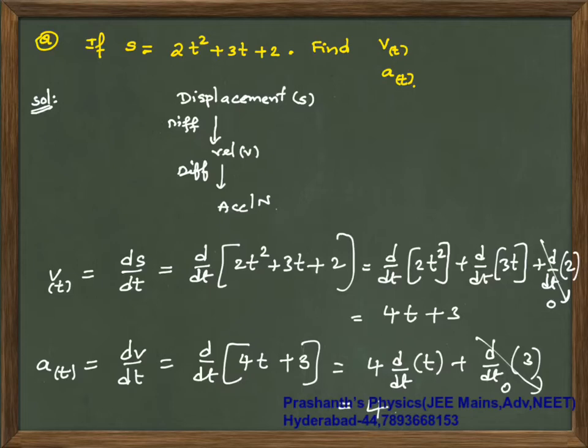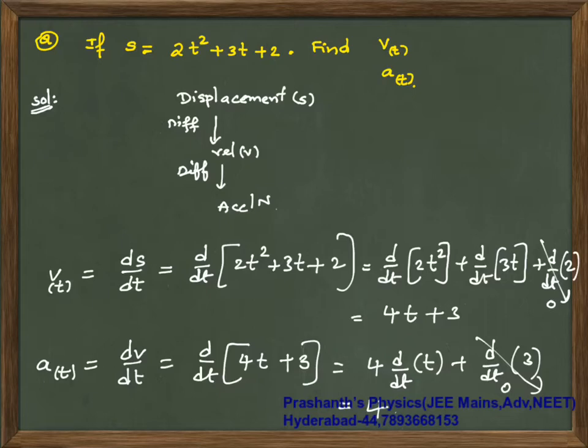So your answer is 4. This is how you are going to get velocity and acceleration. So you have displacement, velocity and acceleration like this.